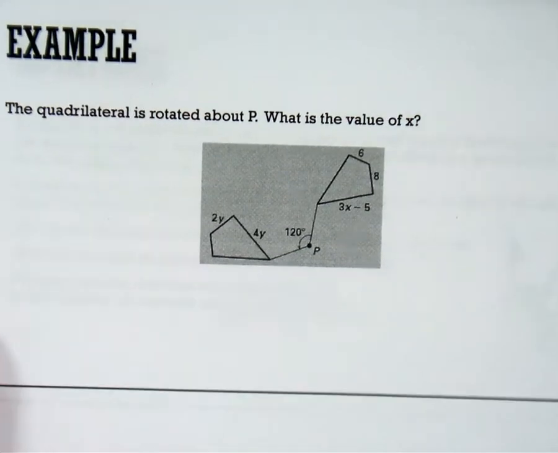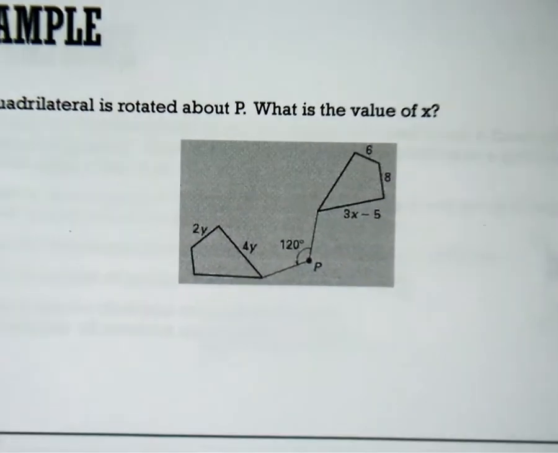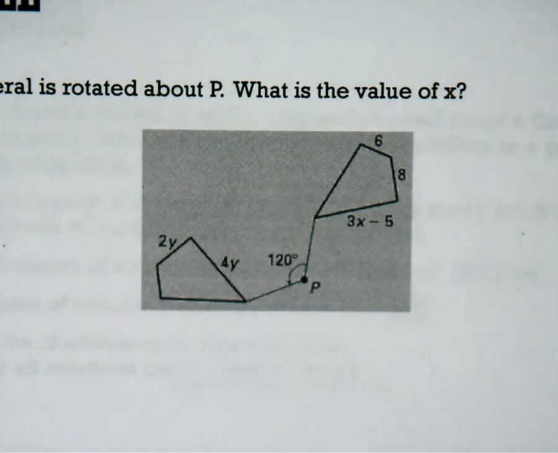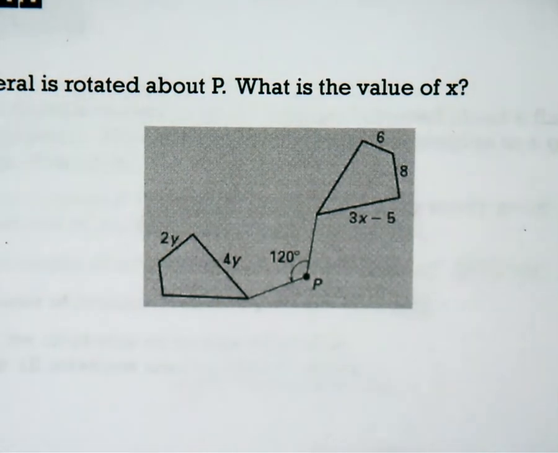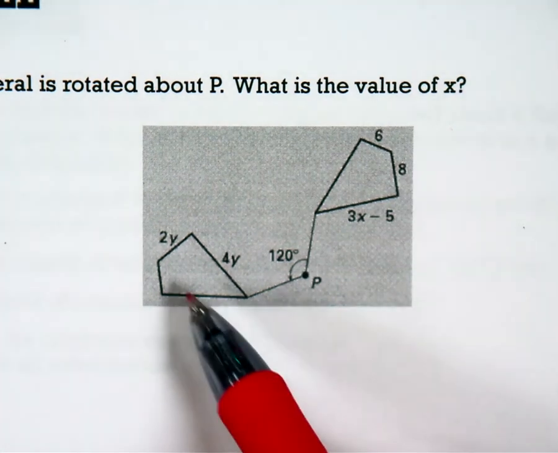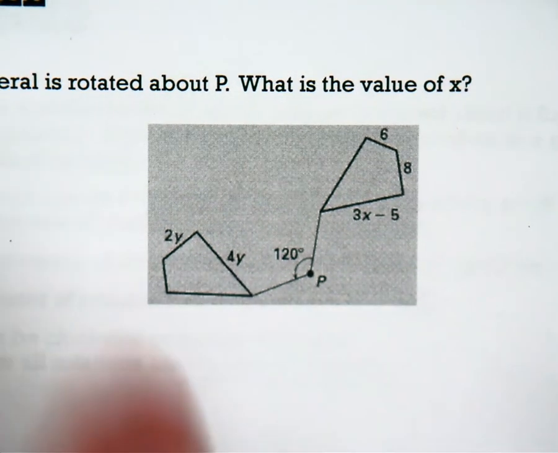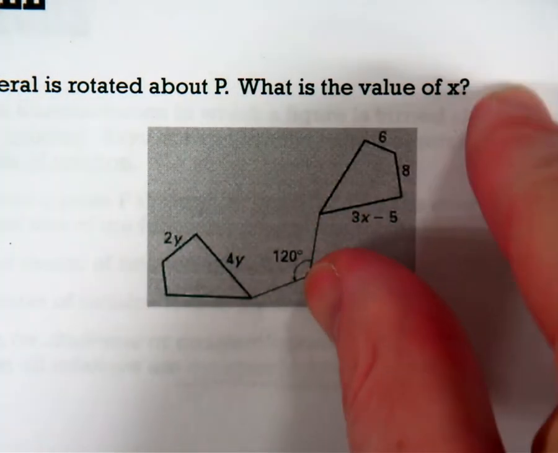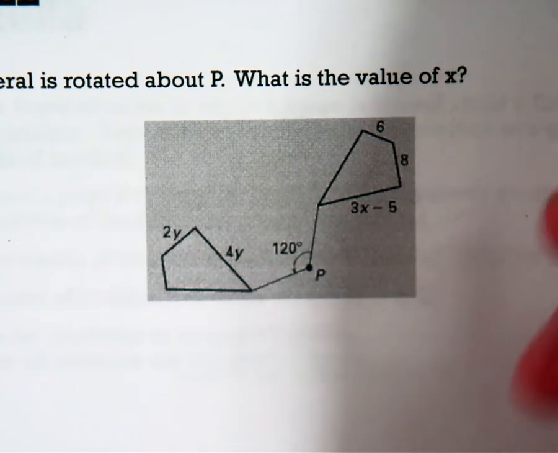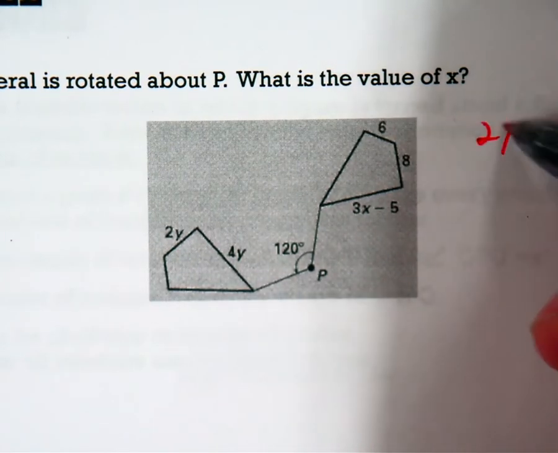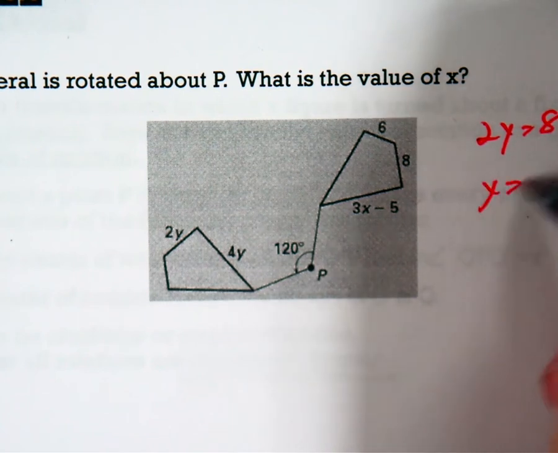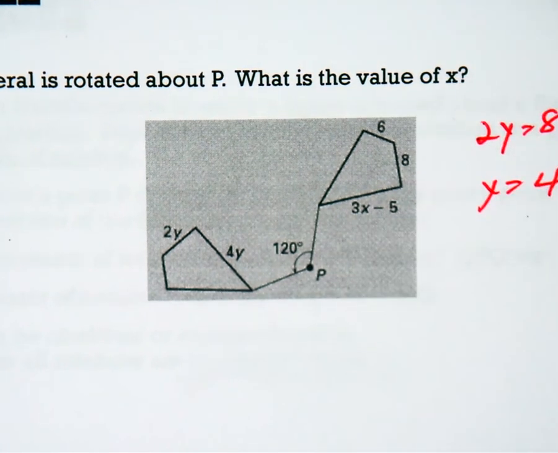So if they maintain all congruences, for example, (2y) would match up with, if I rotate this, I think it's going to match up here with 8. So 2y equals 8, y equals 4.